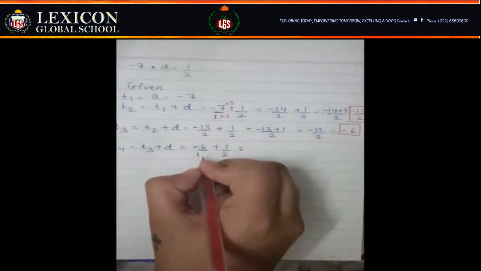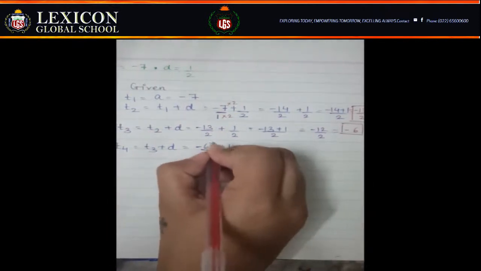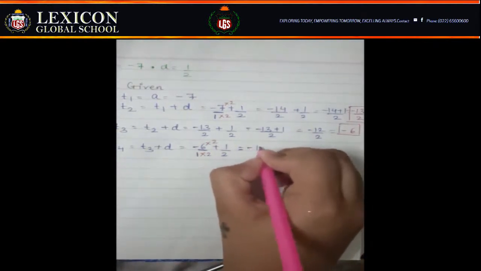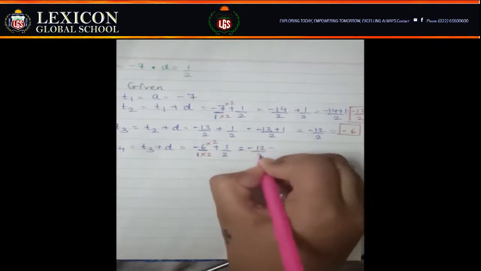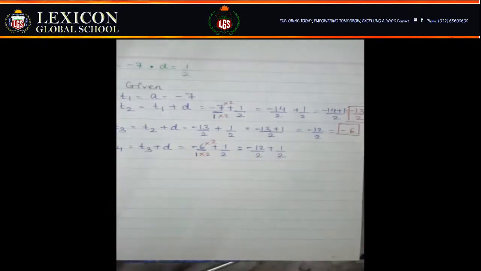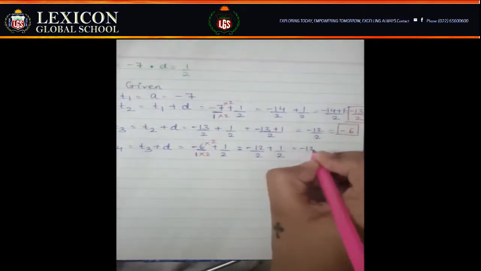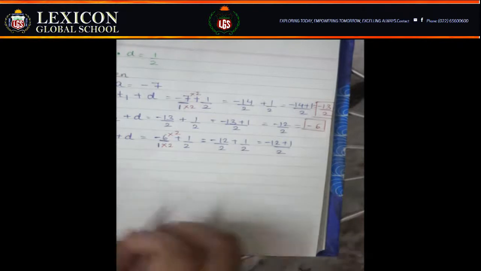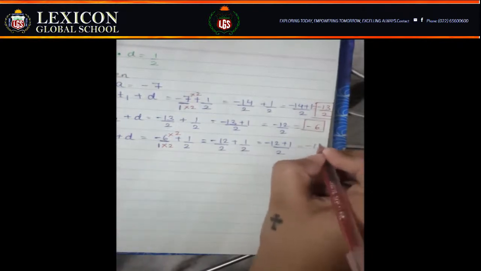So you need to multiply it by 2. So what do you get? 6 2s are minus 12 upon 2 plus 1 upon 2. Since you have a common denominator, what are you going to write? Minus 12 plus 1 upon 2. Minus 12 plus 1 will give you minus 11. So minus 11 upon 2.